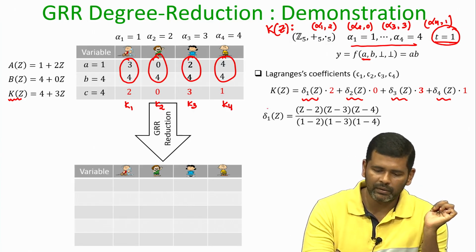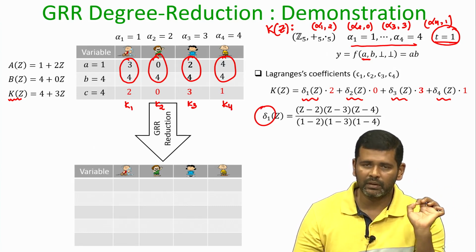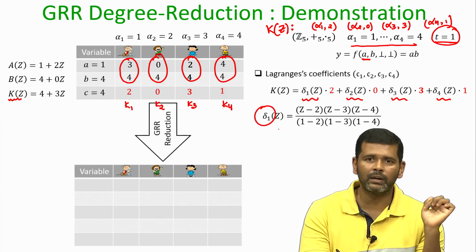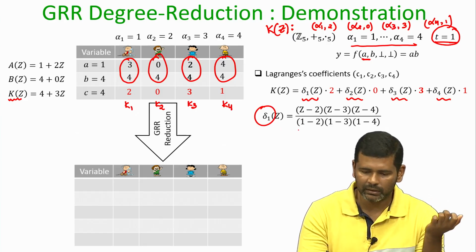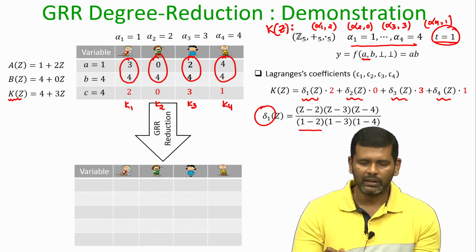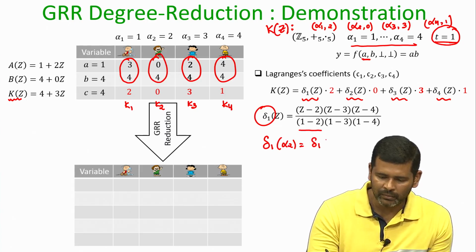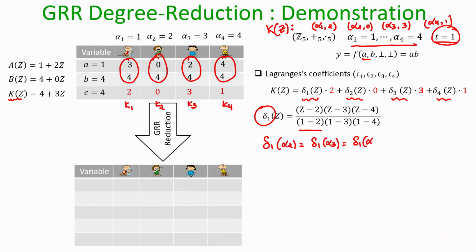So, you can see in the delta 1 polynomial in the numerator all the alphas except alpha 1 are the roots, and then to ensure that this delta 1 polynomial evaluated at alpha 1 should survive or give the value 1, we have set the denominator like this. So, you can now see that the delta 1 polynomial at alpha 2, at alpha 3 and at alpha 4 will vanish, but it will survive at alpha 1.